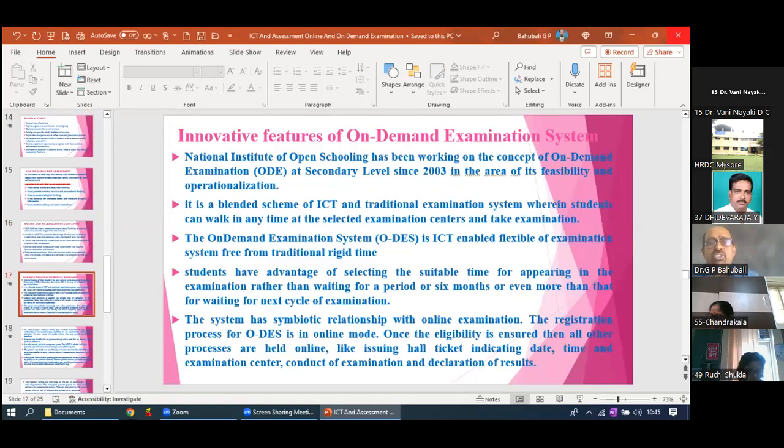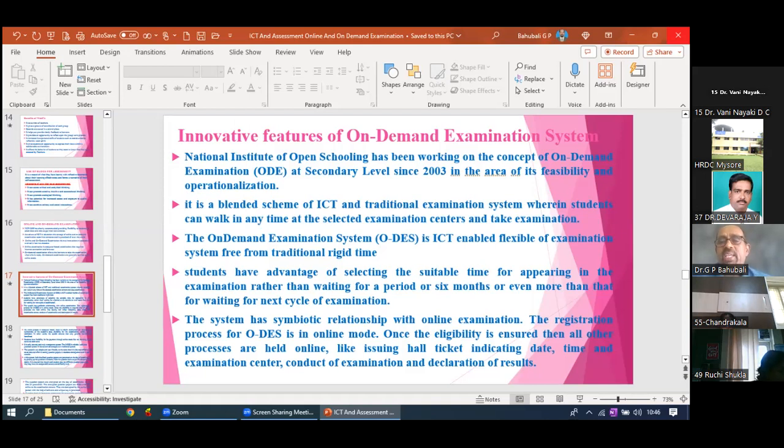And the innovative features of this on-demand examination system: the National Institute of Open Schooling has been working on the concept of on-demand examination, ODE in short form, at secondary school level since 2003 in the area of feasibility and operationalization.